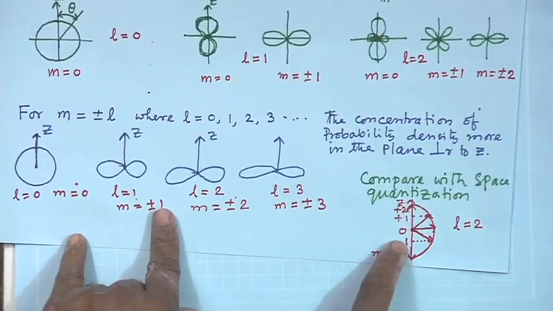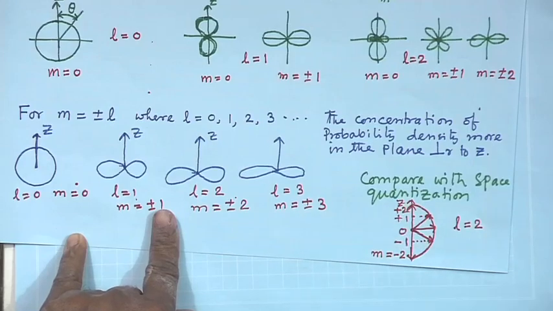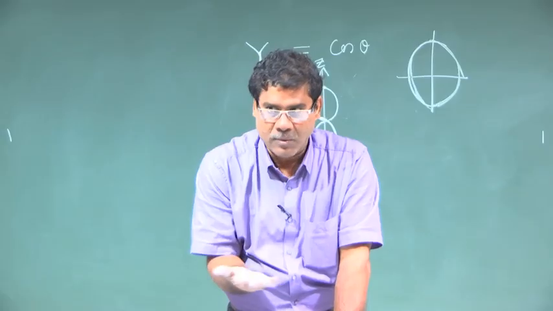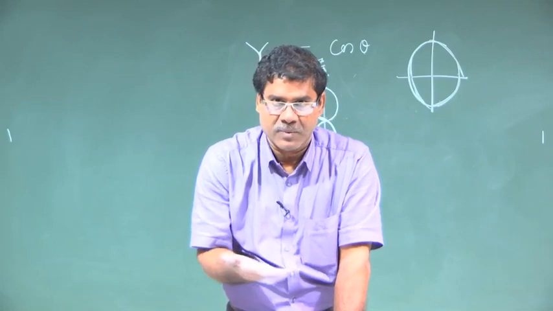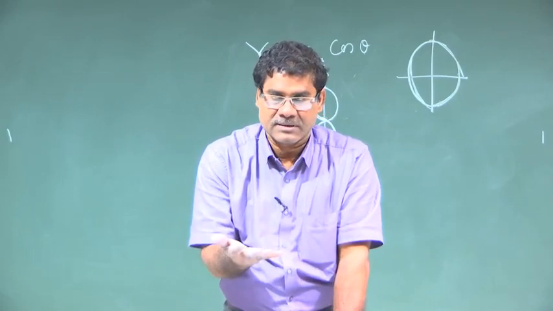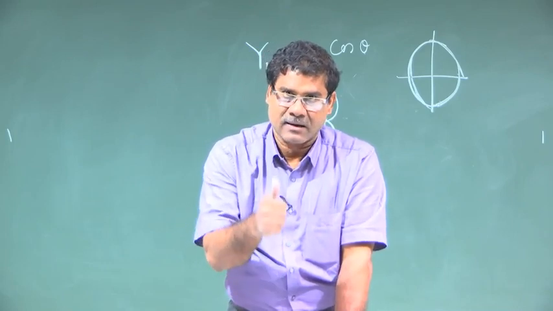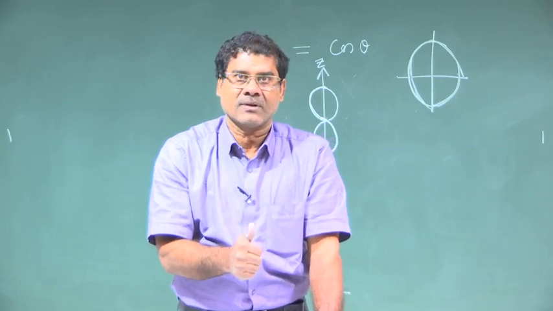So for m equal to L, either plus L or minus L, the angular momentum is parallel or anti-parallel to the z axis. That means the orbit will be on the xy plane. If the orbit is on the xy plane, then the direction of the angular momentum will be along the z direction.